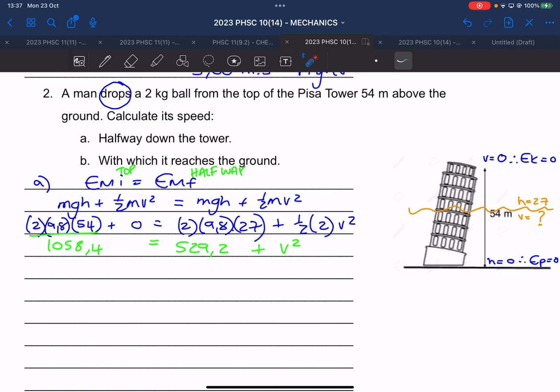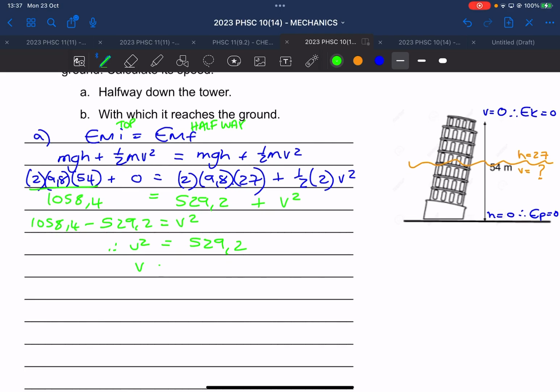Alright. We want to get what is v. But it is currently attached to that thing. How are you going to get rid of that? And then when you take it to the other side, what are you going to do? Okay, do that. What do you get? 529.2.